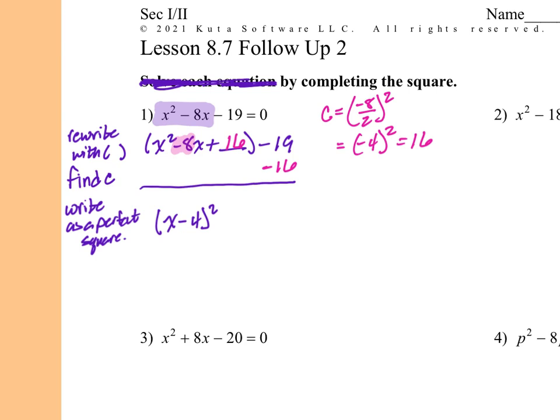Well, the minus 4 comes from here, right? It comes from there, minus 4. Okay? And then, let's see, 19, 16, -35. And that's it. That's in vertex form.